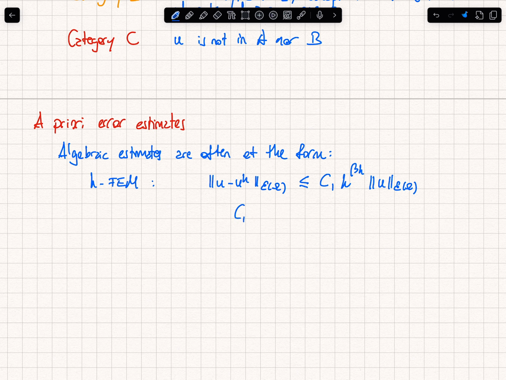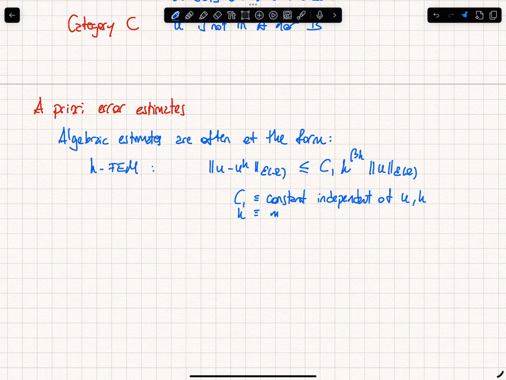And so C1 here is a constant that is independent of U and h. h is the mesh size, as we know already. And then beta H is the so-called rate of convergence.